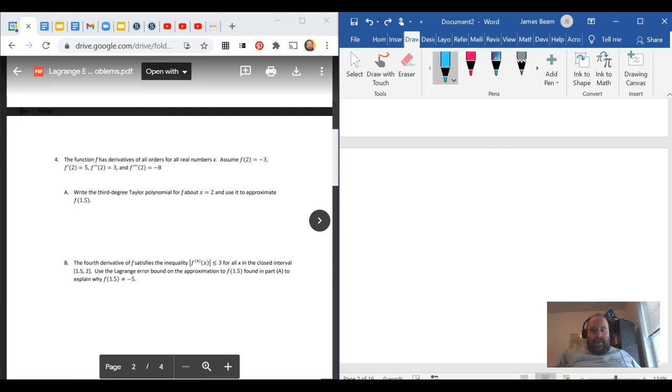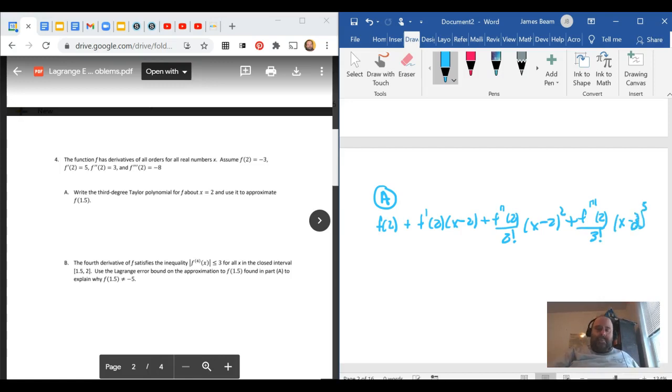So if you'll allow that, part A asks to write the third degree Taylor polynomial for f about x equals 2, and then use it to approximate f of 1.5. So let's think about this. This would be f of 2 plus f prime of 2 times x minus 2 plus f double prime of 2 over 2 factorial times x minus 2 squared plus f triple prime of 2 over 3 factorial times x minus 2 cubed, right?